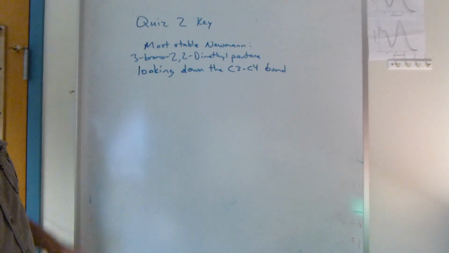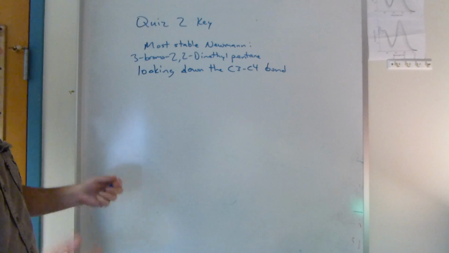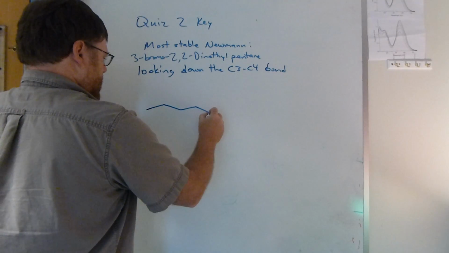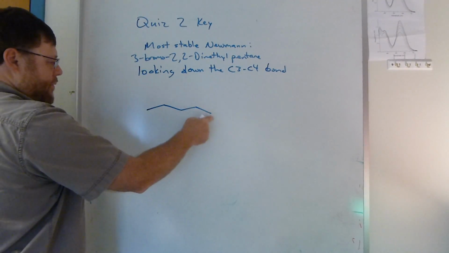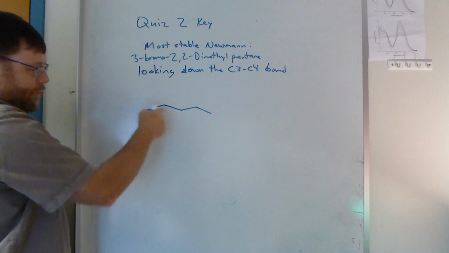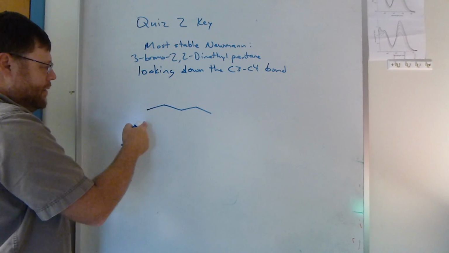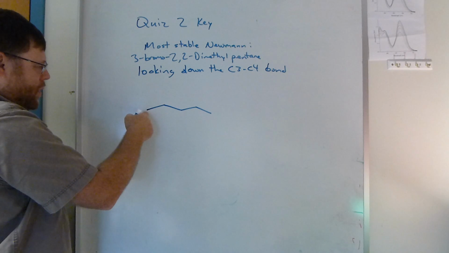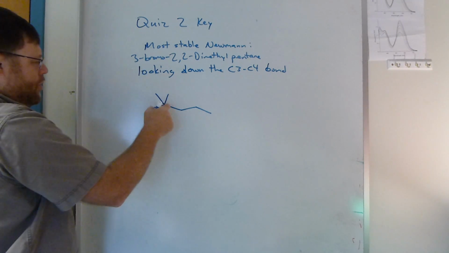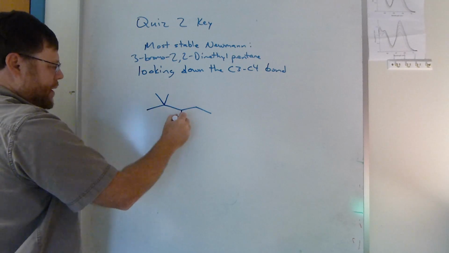So first things first, let's get the molecule for 3-bromo-2,2-dimethylpentane. So pentane, 1, 2, 3, 4, 5. Okay, 2,2-dimethyl, so we can start wherever we want this time. 1, 2, so there are 2 methyls there. 3-bromo, 1, 2, 3, so the bromine is there.